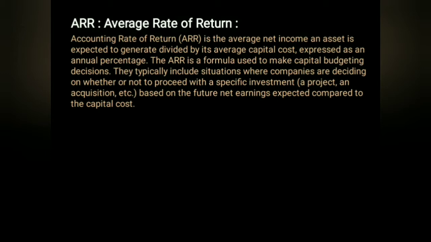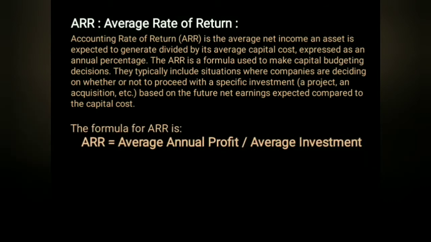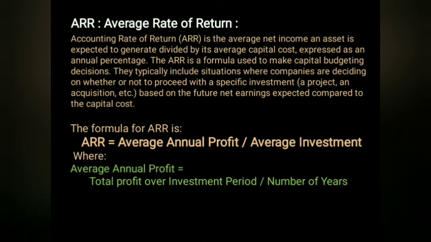What is the formula for ARR? ARR equals average annual profit divided by average investment, where average annual profit means the total profit over the investment period divided by the number of years.